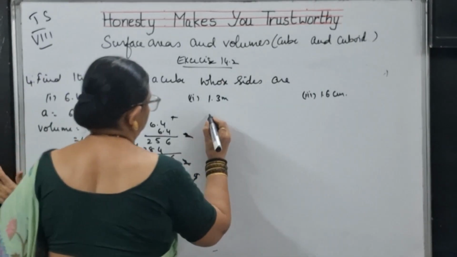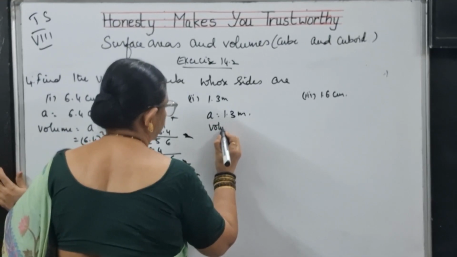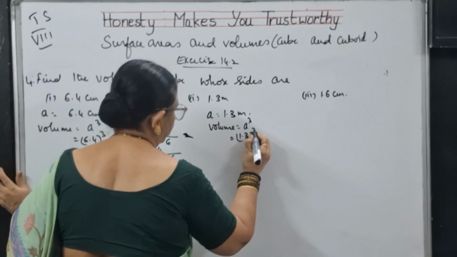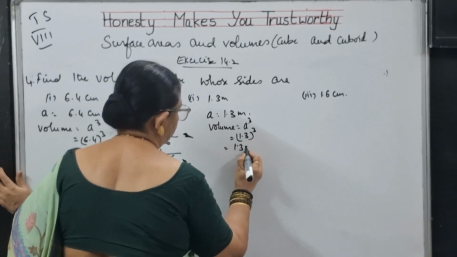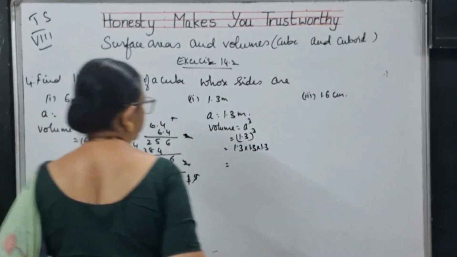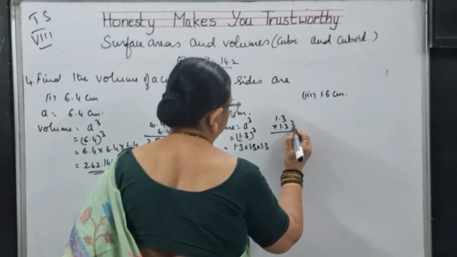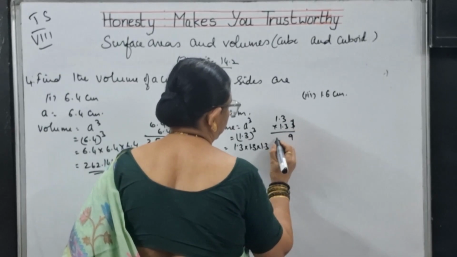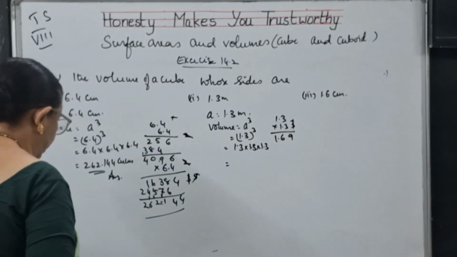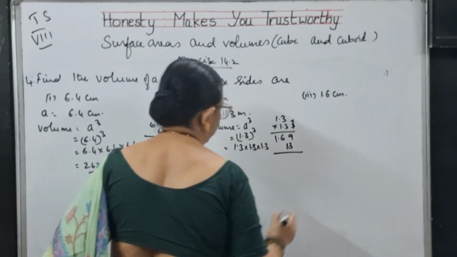Now the second part. Side is 1.3 meters. So volume is equal to A cube, that is 1.3 whole cube, 1.3 into 1.3 into 1.3. Let us see the multiplication. 1.3 into 1.3: 13 threes are 39, 13 ones are 13, that gives 1.69. This should be multiplied by 1.3 once again.